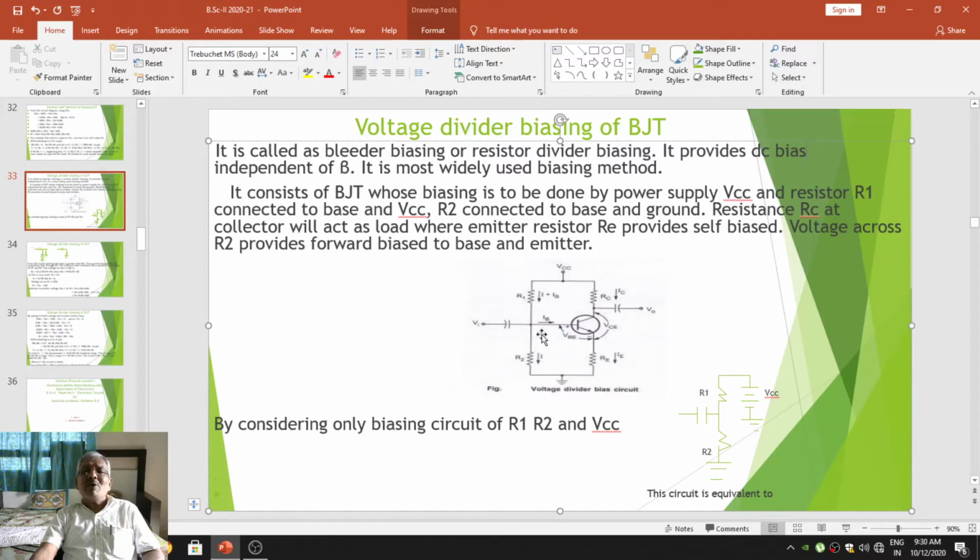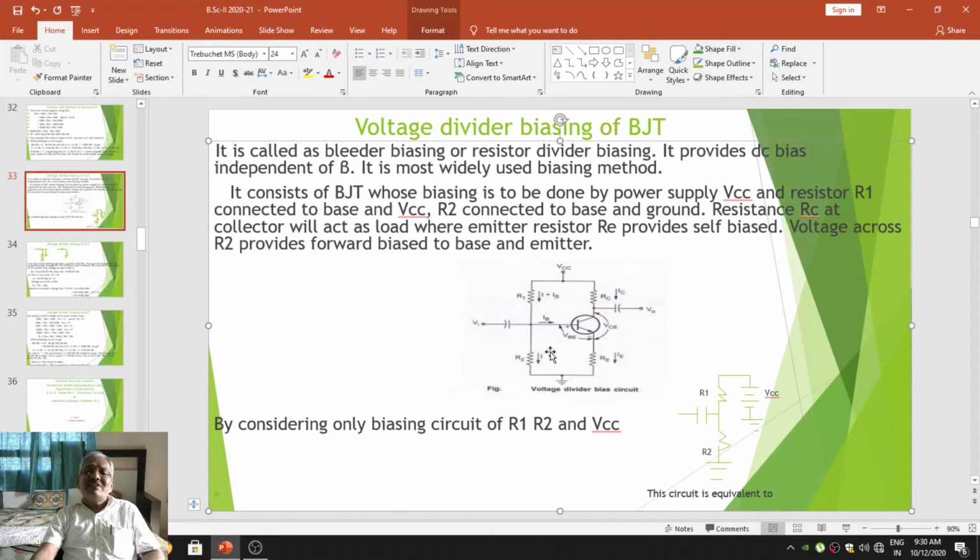That sets the proper magnitude of the base current to flow through the base of transistor Q, which will set the proper value of IC. Hence, the operating point of the BJT will be stabilized in a proper region on the DC load line. In this figure, VCC is the power supply which is connected to bias the BJT.